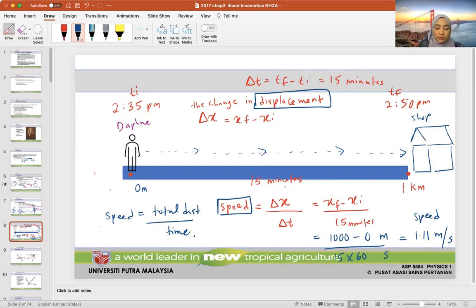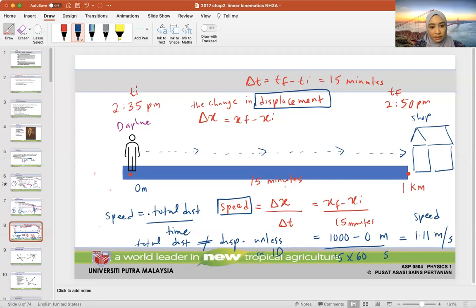Okay, let me repeat myself. Total distance and displacement is not equal unless in 1D. So kita kat 1D kan? So that's why speed is equal to displacement over the total time. Unless in 1D. Okay, so this is intro scenario.